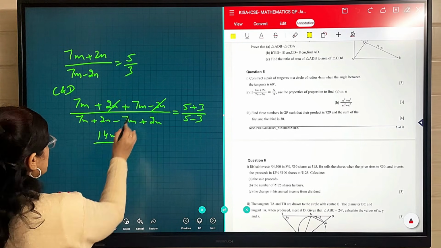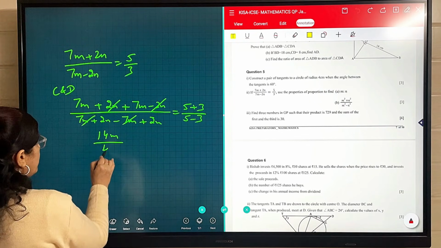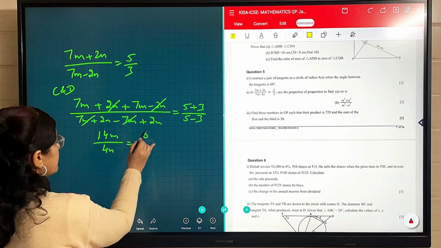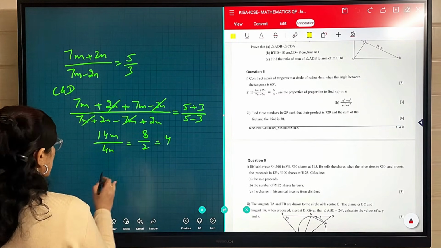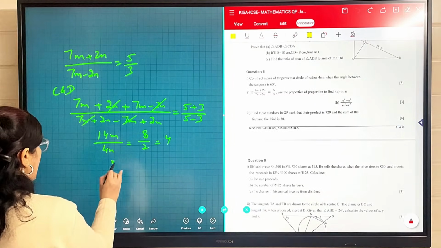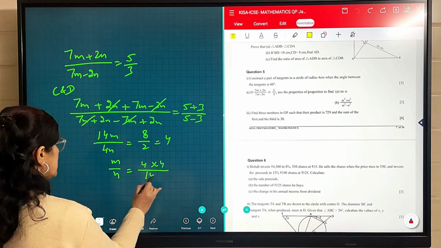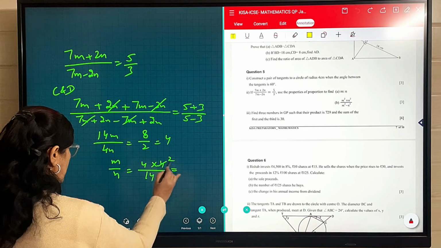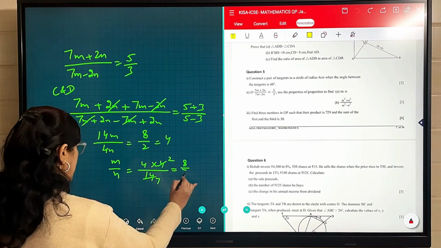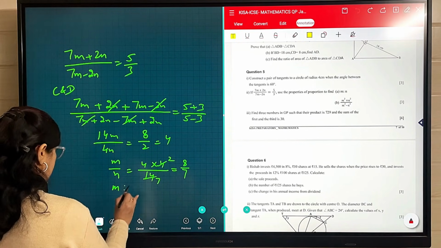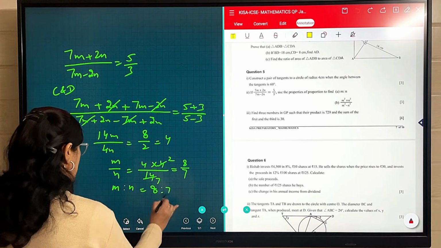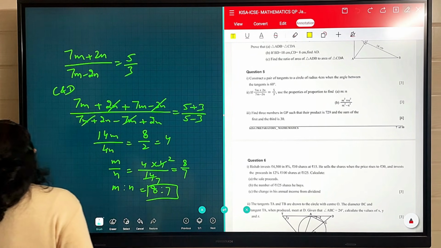In the denominator 7m will get cancelled, you will get 4n, which is equal to 8 upon 2, it means 4. So we have to find the ratio m upon n, which is 4 upon 14. Now cancelling by 2 and 7, so 4 into 2 is 8, and 8 is to 7. So the m is to n ratio is 8 is to 7, our final answer.